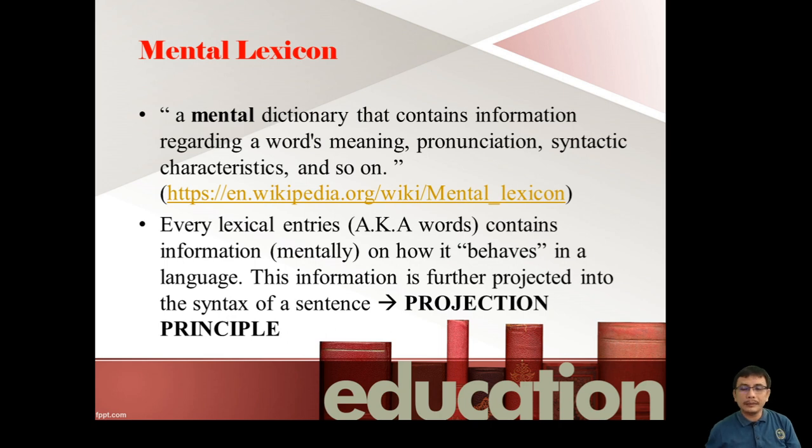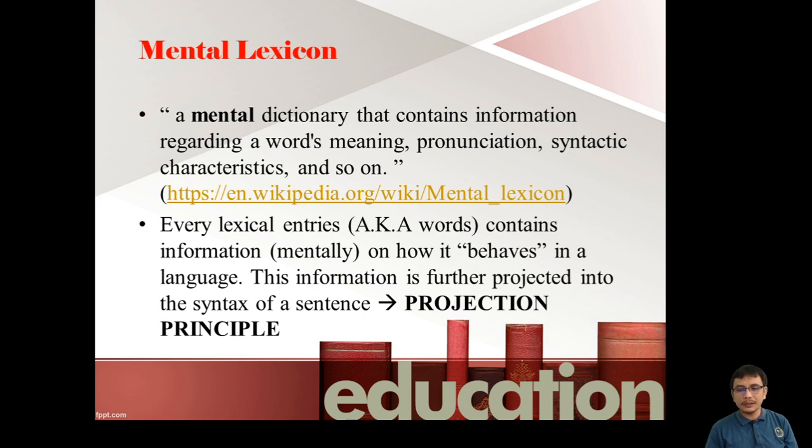When I say dictionary, it doesn't mean that in the human brain there is a kind of book, but instead it is a kind of mental knowledge, mental information stored in human brains that contains information of a word, not only its meaning but also the pronunciation and the grammatical or syntactic characteristics of the word. For example, we know that a noun should be used in conjunction with a verb and so on.